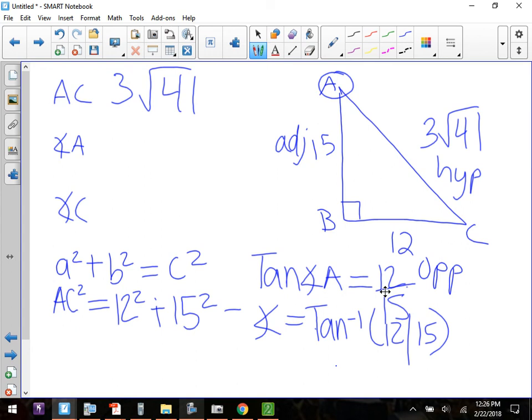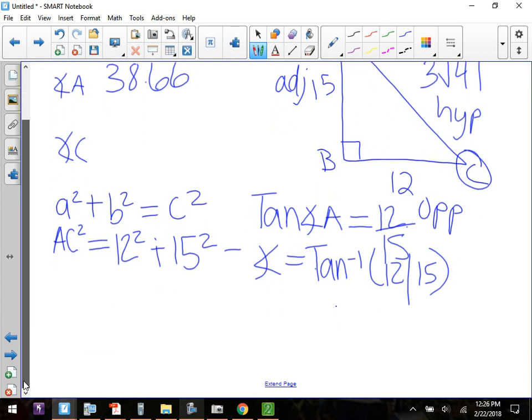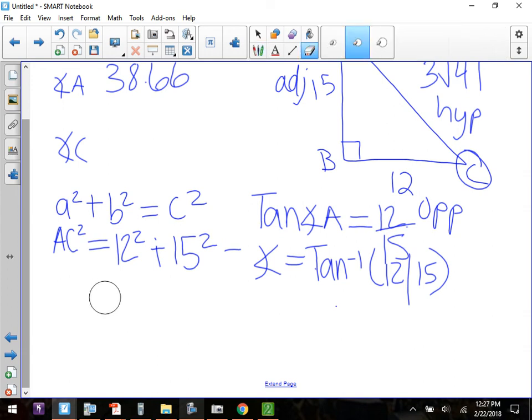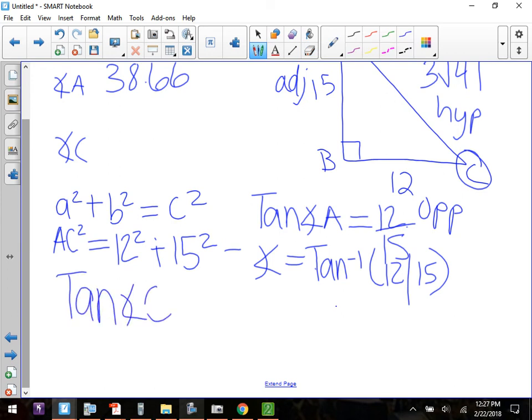So that makes angle A 38.66. And then you do the same thing for angle C, which you still use tangent because we still don't have the hypotenuse. Okay, so now we're finding angle C. Now we just have to flip them since we're still using the same thing.